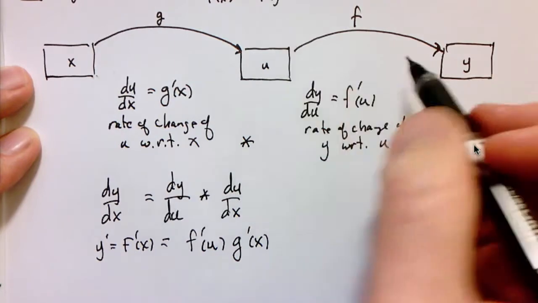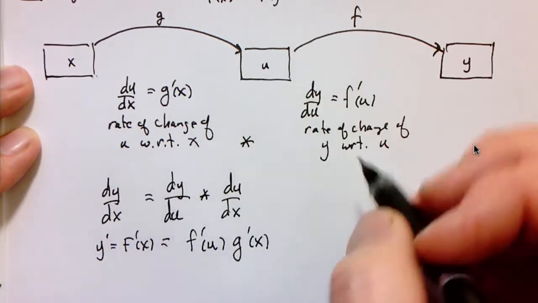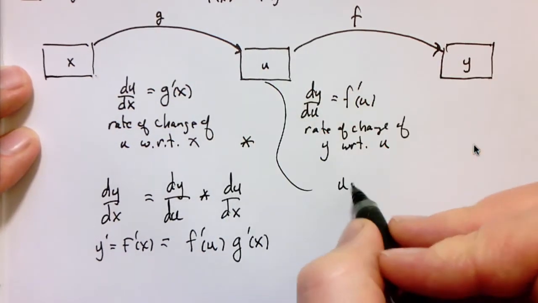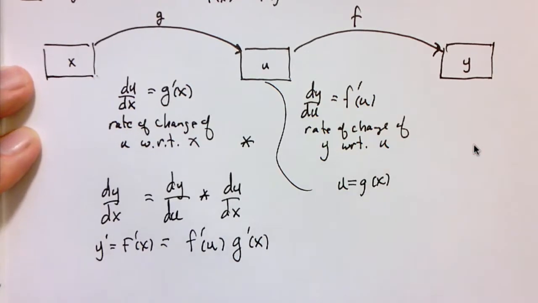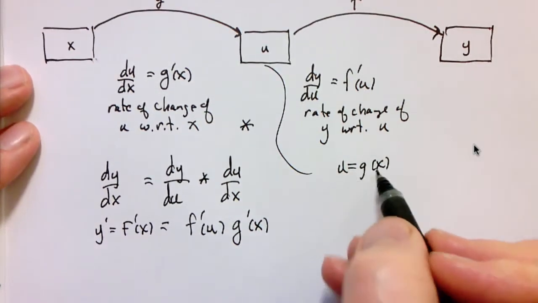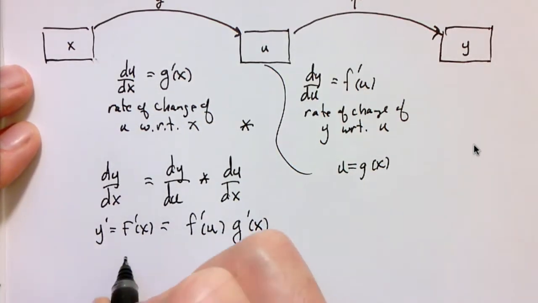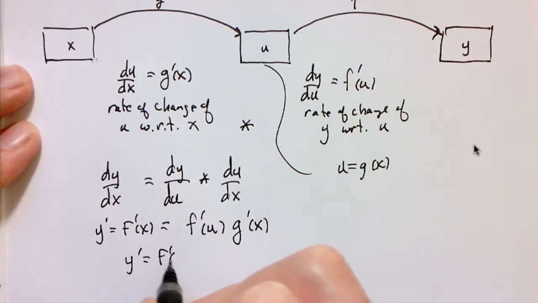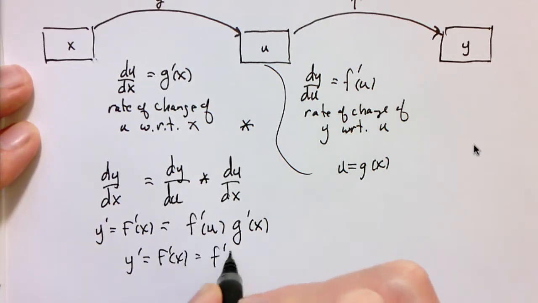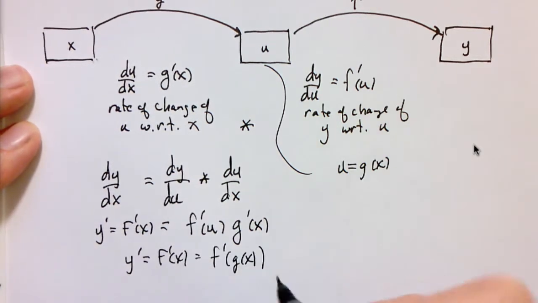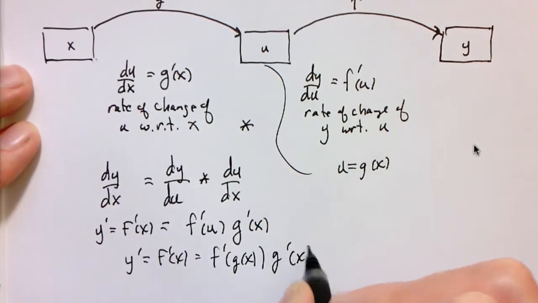But remember here, u is shorthand for g of x. So if I substitute u equals g of x into my result here, we get y prime, or f prime of x, equals f prime of g of x times g prime of x.